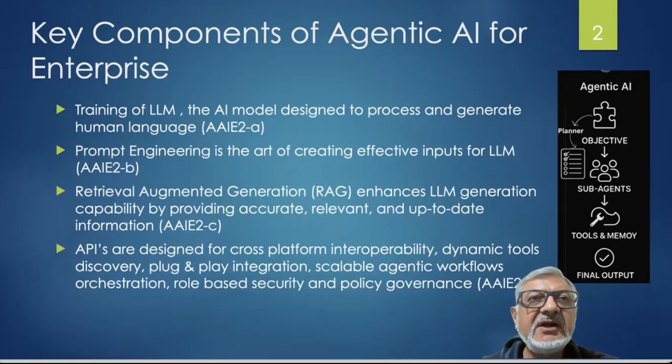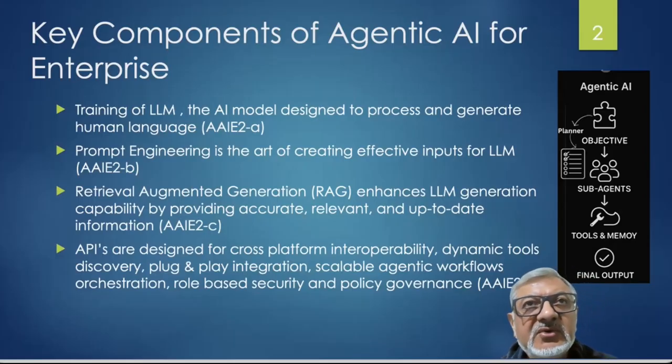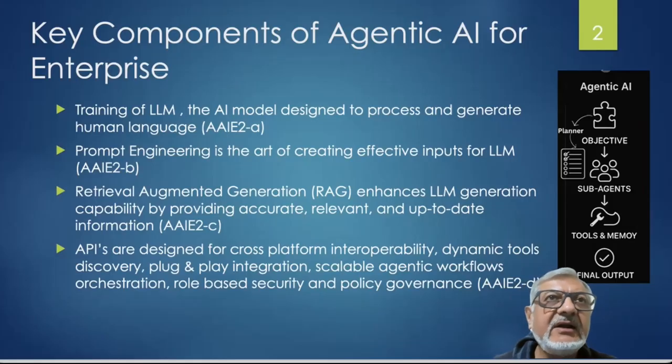And in the enterprise environment, we also need security. So there is role-based security and then policy governance. In this section, we will be covering all these aspects, the APIs and how these APIs are used for agent lifecycle management, security and policy governance.